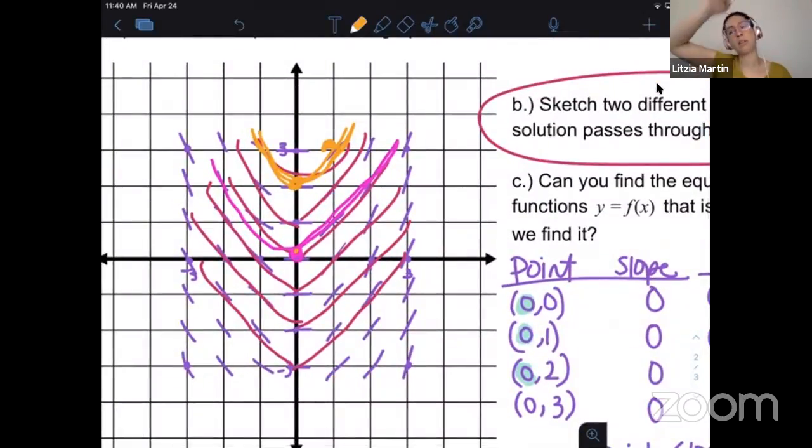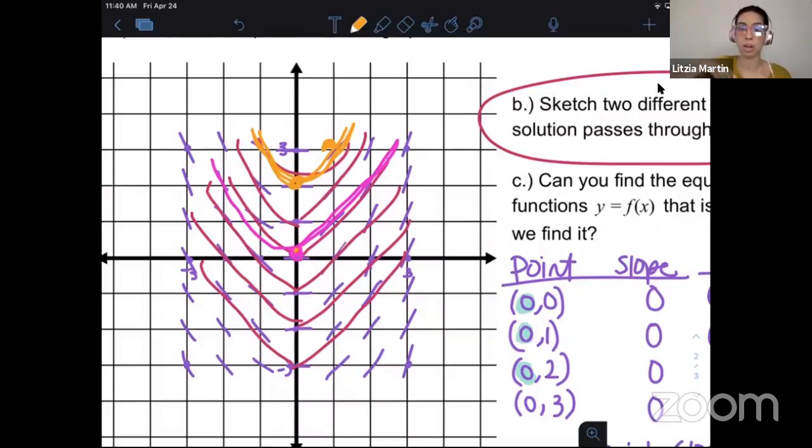If we were to keep it going, we would still have an infinite number of possibilities for c. The only way to get a particular solution is if we know a specific point that lands on that equation. Once you know that point, you can plug it in and find that particular solution. Or once you find that point, you can plot it and then follow the slopes to get a particular equation from the graph.